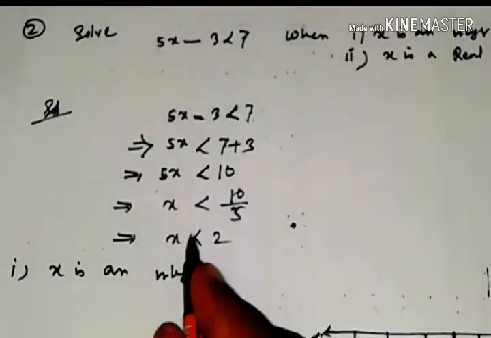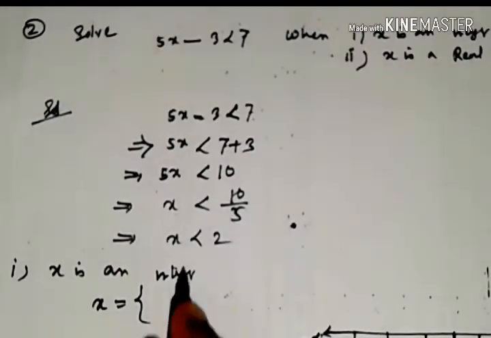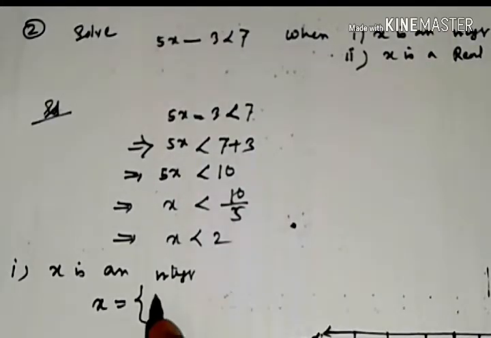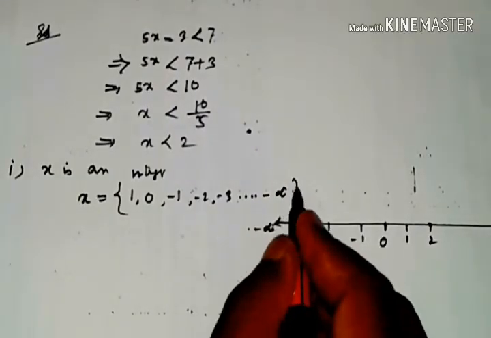This is 2. x is less than 2, x is an integer less than 2: 1, 0, minus 1, minus 2, minus 3, etc. 2 will not be included here because x is less than 2. Therefore, x is equal to 1, 0, minus 1, minus 2, minus 3, up to minus infinity.